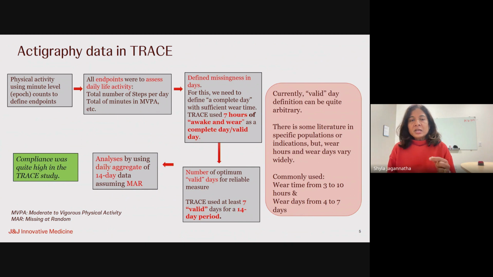When we define the total number of steps per day, we need to define what constitutes a valid day or a complete day. In this study, we arbitrarily defined that if we have 7 hours of awake and wear data for a subject, that is good enough to give a good idea about the physical activity of the subject for that day, and that was considered a complete or valid day.